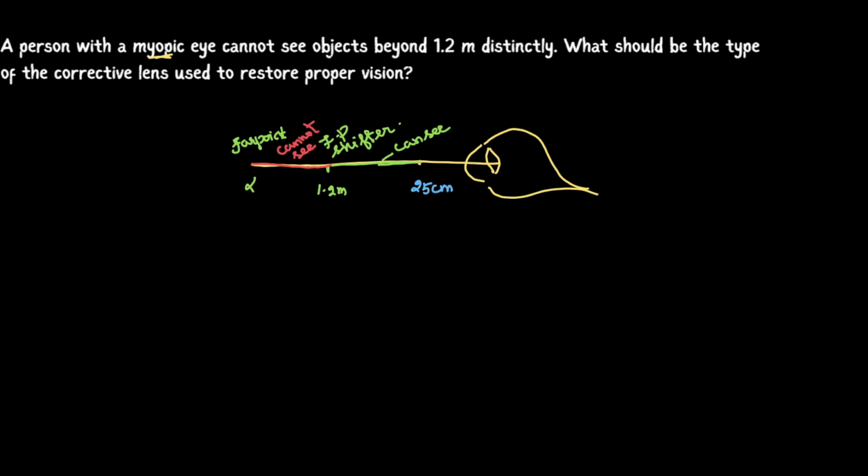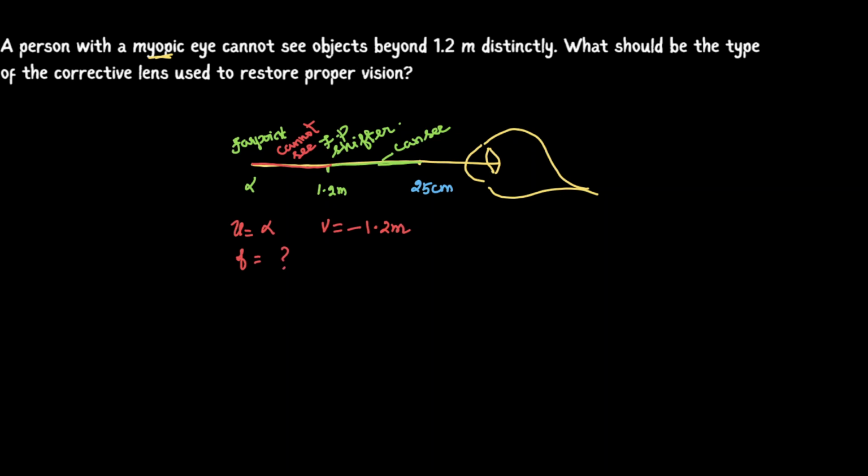So if the object is at infinity, that is u is equal to infinity, the image should fall on this limit. That is, the image should fall at 1.2 meter. So it is in front of the lens, so minus 1.2 meter. By using this, we have to find the focal length.